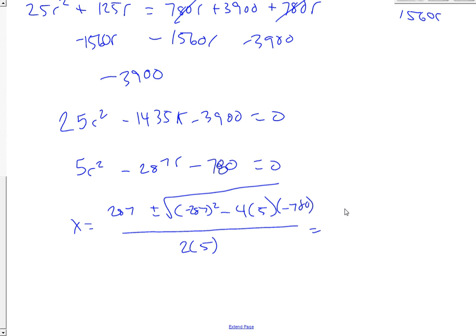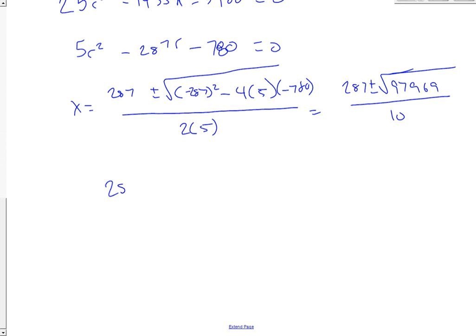When I simplify the underneath part of the radical, I will get 287 plus or minus the square root of 97,969 over 10. The square root of 97,969 is 313.